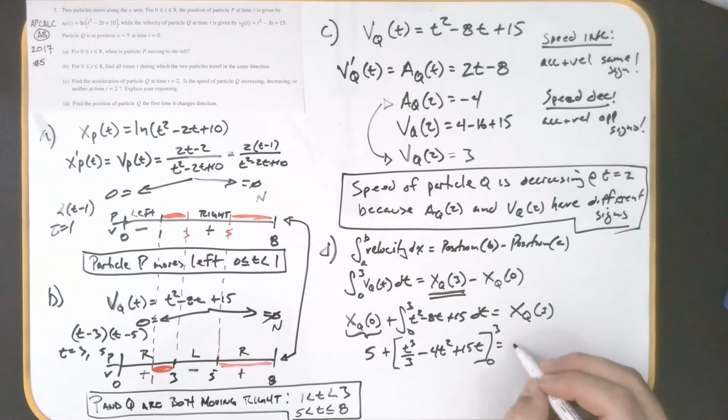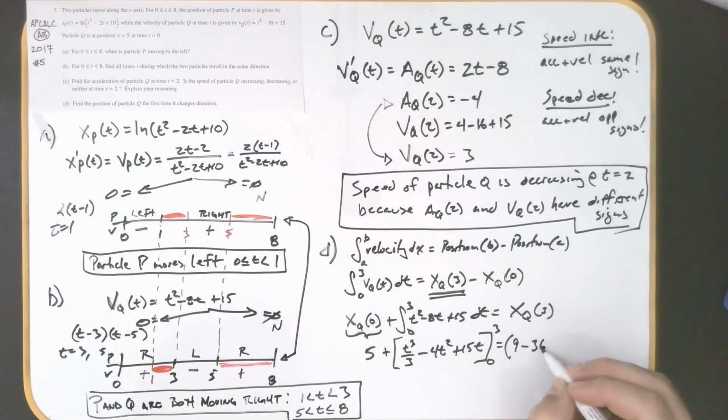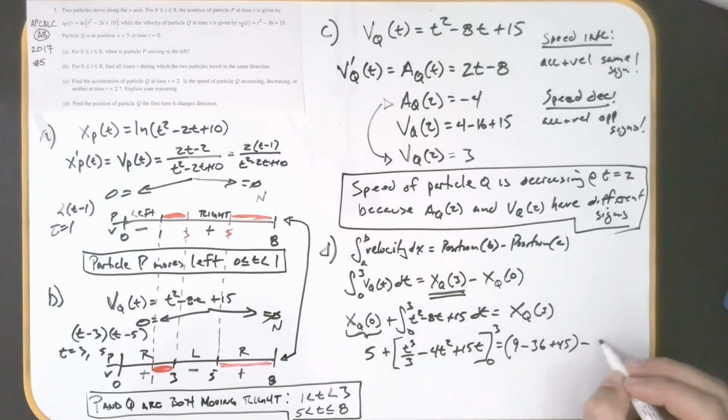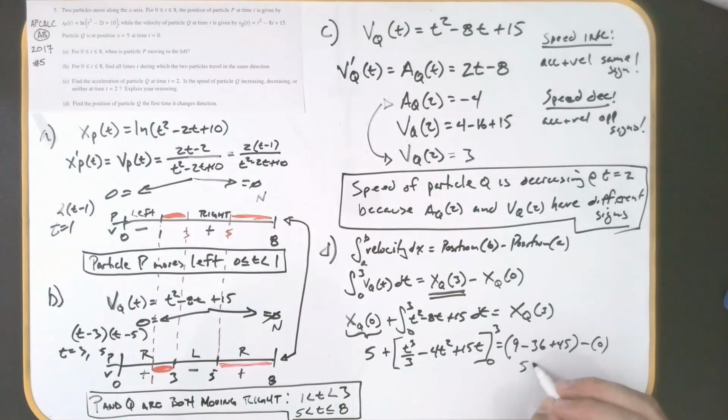Putting in the 3, we get 3 cubed is 27 over 3, which is 9, minus 3 squared is 9 times 4 is 36, plus 45. Then you put in a 0 and you just get minus 0 for all of that. So what do we get here? 54 minus 36.